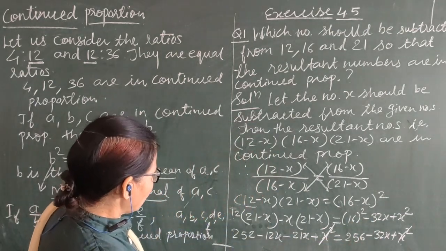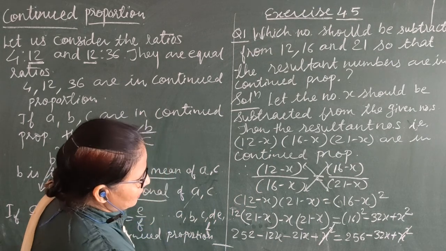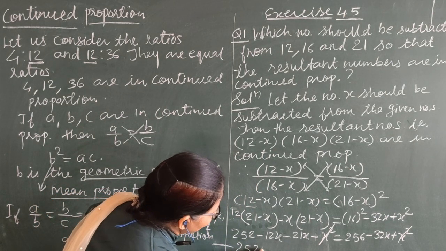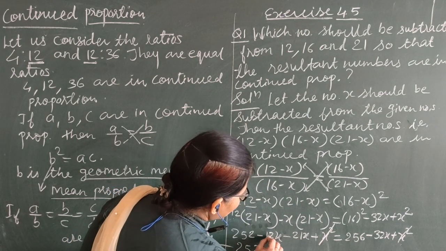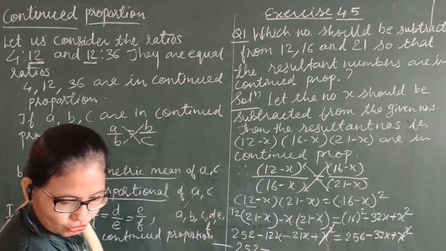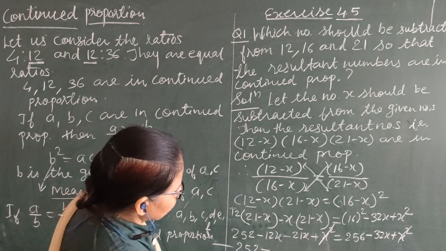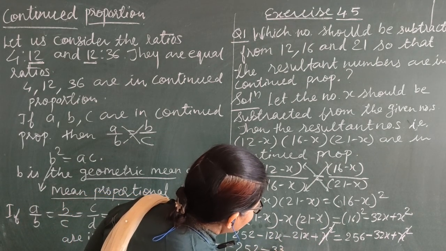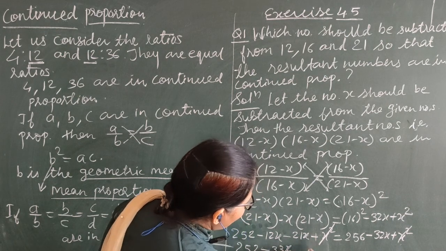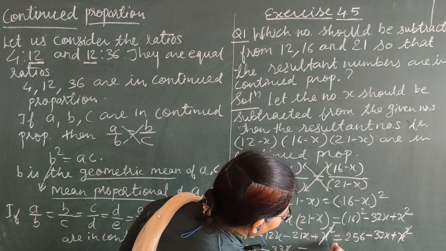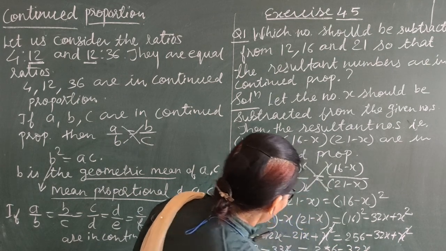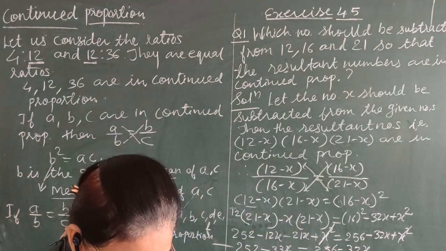Okay, now let's write the other terms. Here let us simplify this. We can simplify here 252 minus, here you will get 33x. And here it is equal to 256 minus 32x. Now let's simplify the other terms.